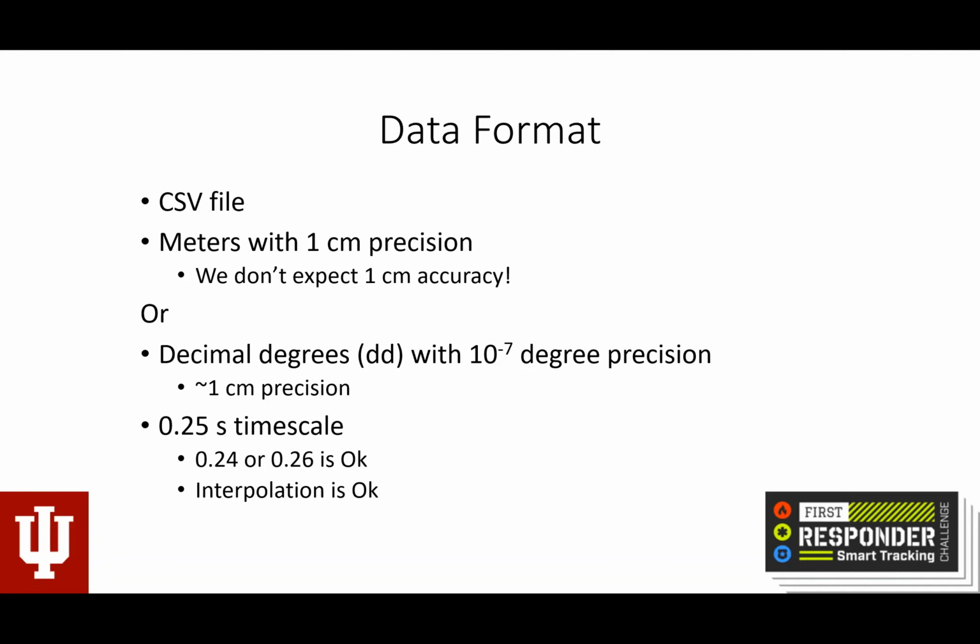We are asking for a quarter-second timescale. Either 1 or 2 hundredths of a second on either side is okay, and also interpolation is okay. So if you can't currently poll to a quarter-second timescale, we ask that you interpolate to that sort of time frame.